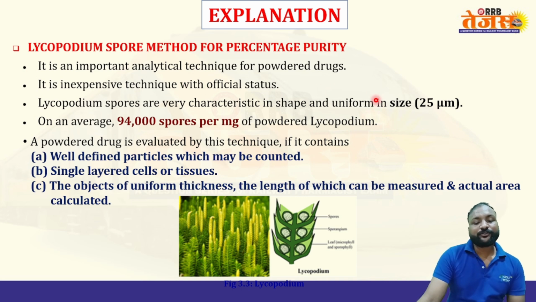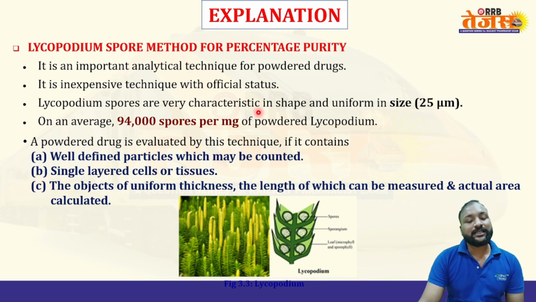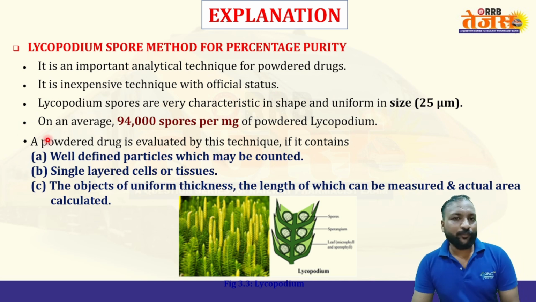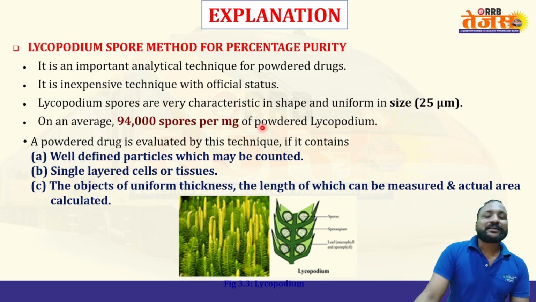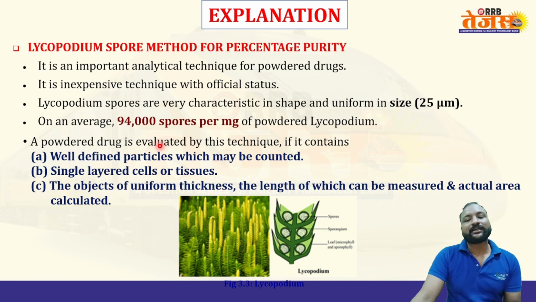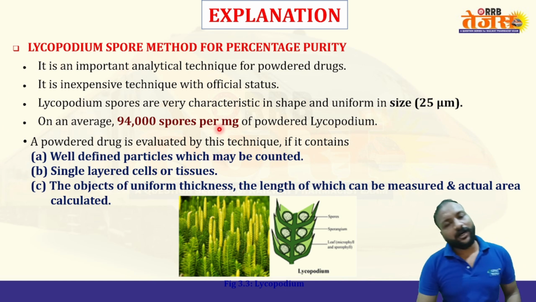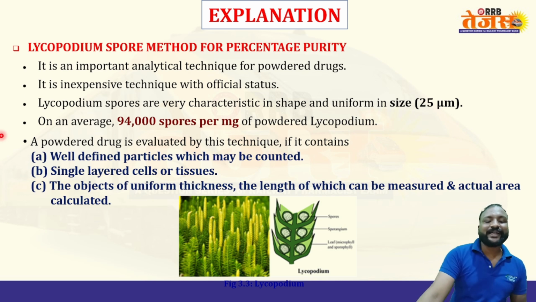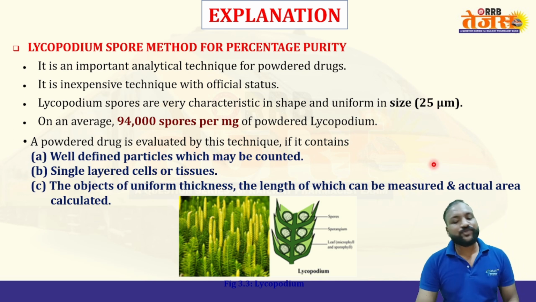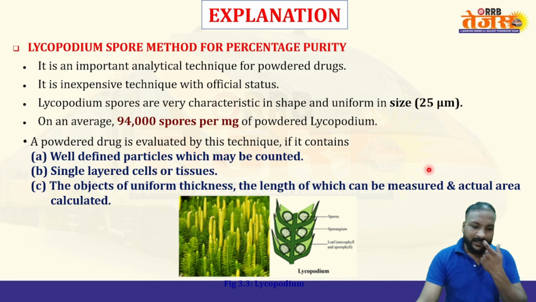It is an important method to analyze powdered drugs, an inexpensive technique with official status. Why do we take lycopodium? Because the spores are very characteristic in shape and size, about 25 micrometers in diameter. On average, if you take 1 mg of lycopodium powder, you will have 94,000 spores.